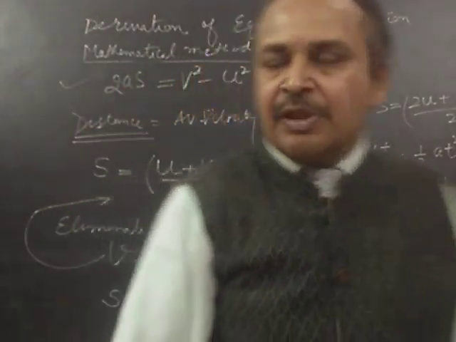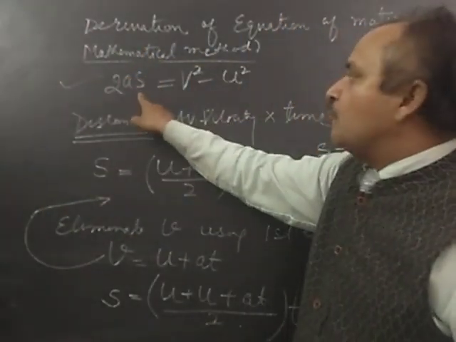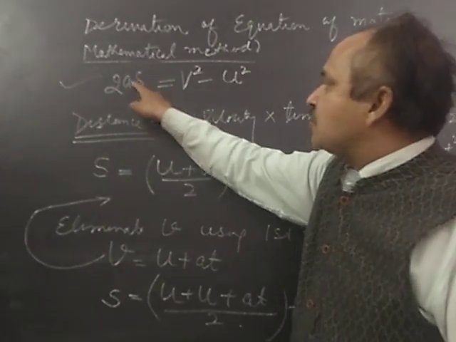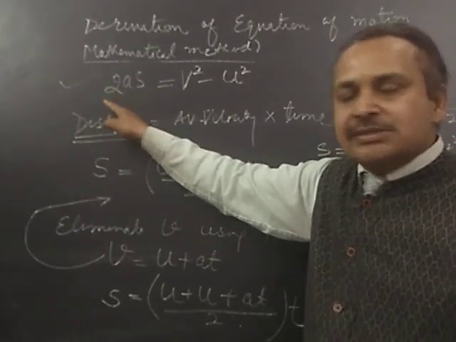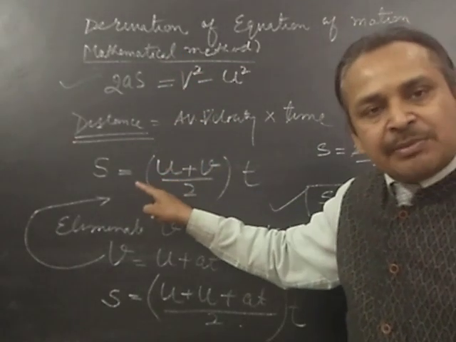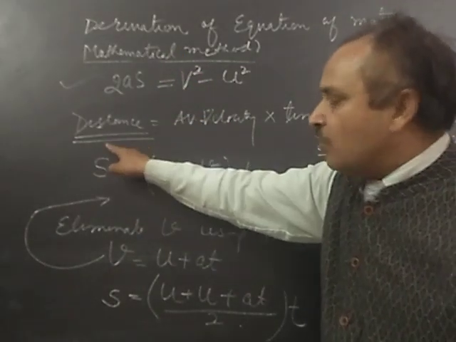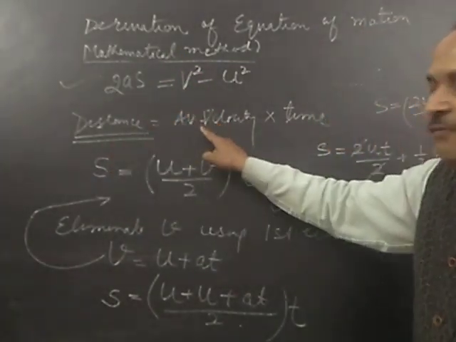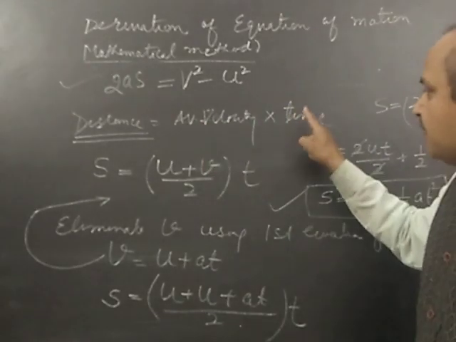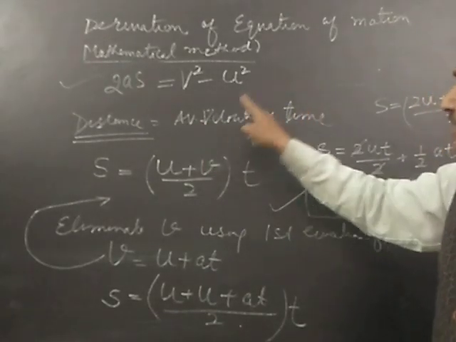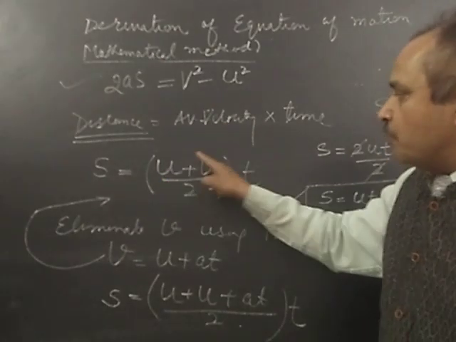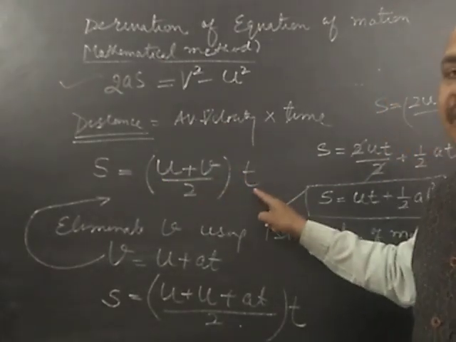It means the third equation of motion also talks about distance. So it will continue with the same concept, and we all know what is distance. Average velocity multiplied by time. And what is average velocity? U plus v by 2 multiplied by time.